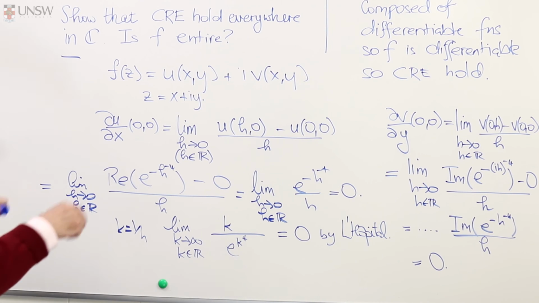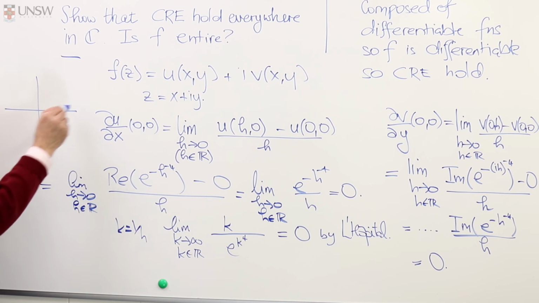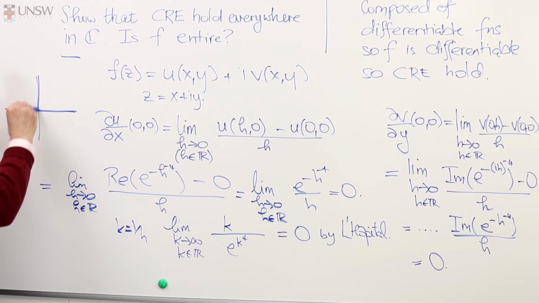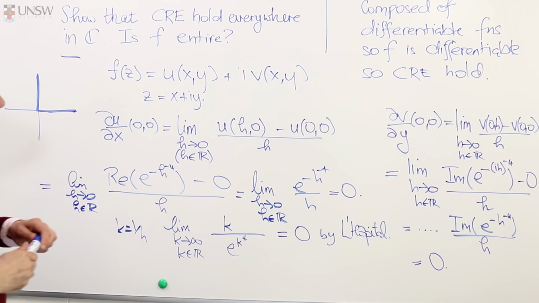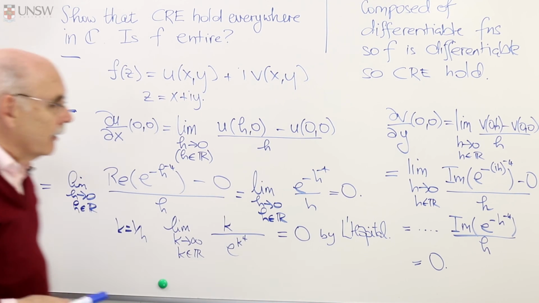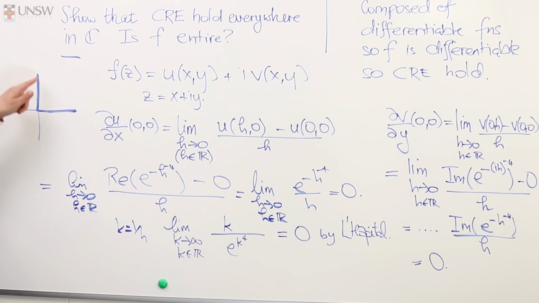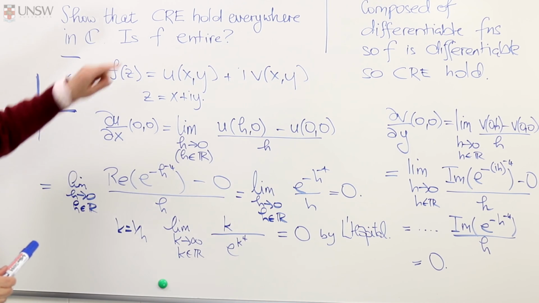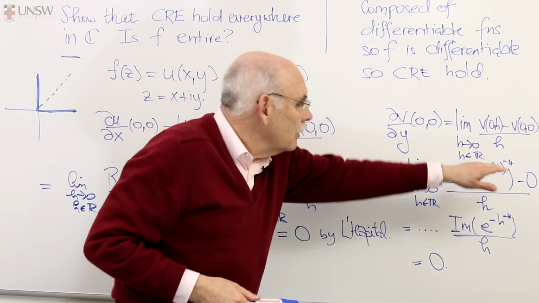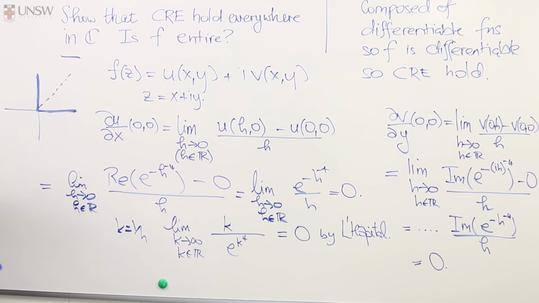We've seen that as we approach 0 along the real or imaginary axis, we're dealing always with something that involves an exponential with a minus h to the minus 4, and this was always going to go to 0. But if we approach 0 along something like this, then the effect is that instead of having an h to the minus 4 or an ih to the minus 4, we have something whose fourth power is not equal to 1.